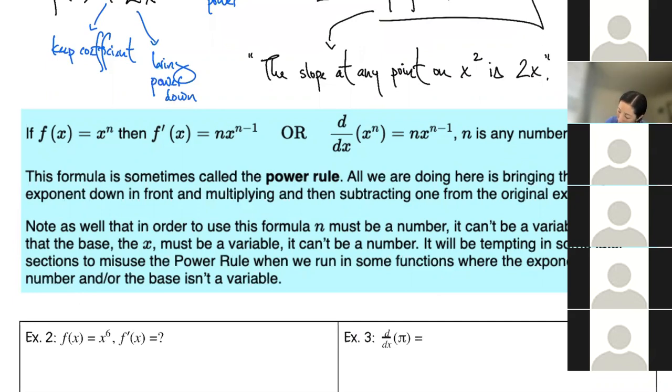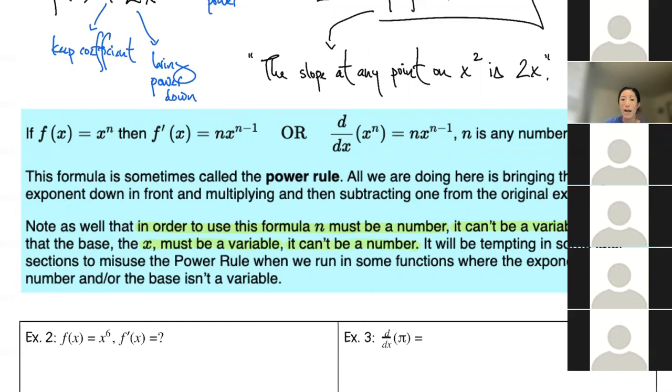And in this case, I want to make this really clear that in order to use this formula, n has to be a number. It cannot be a variable, okay? And the base x must be a variable. It can't be a number, okay?